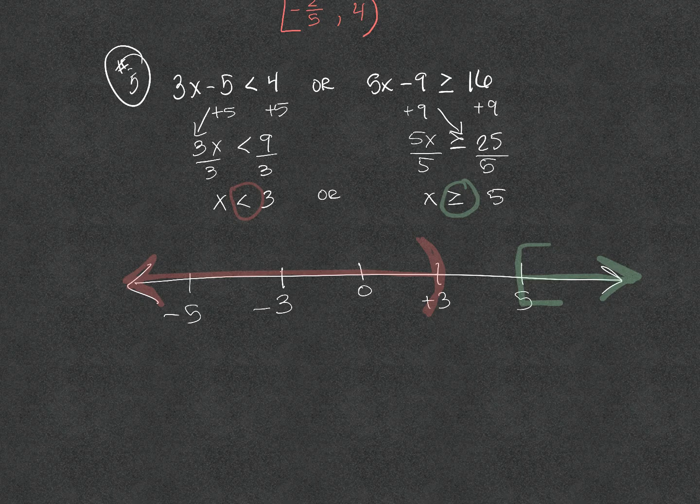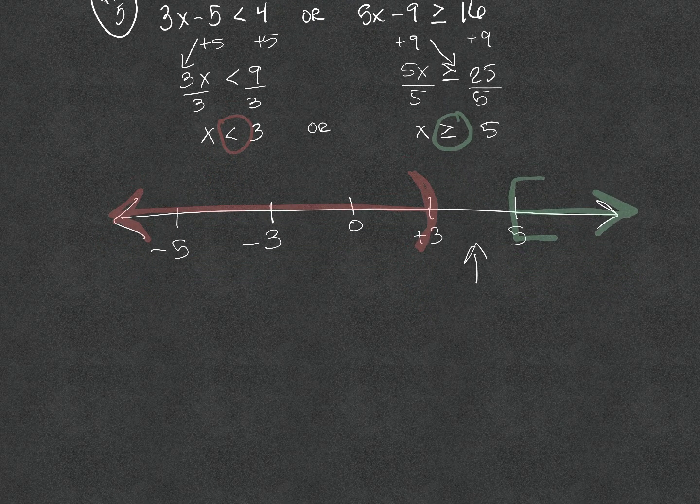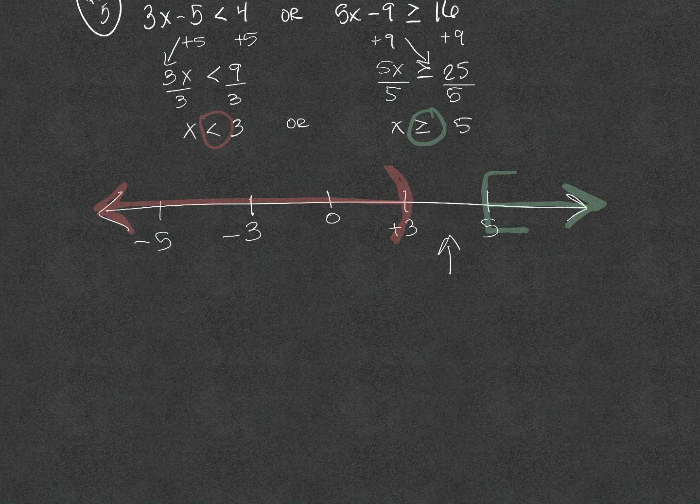So we have a gap, and when we have a gap like this, we can't just have something simple in notation, right? So we have to join them somehow. We can write the first.